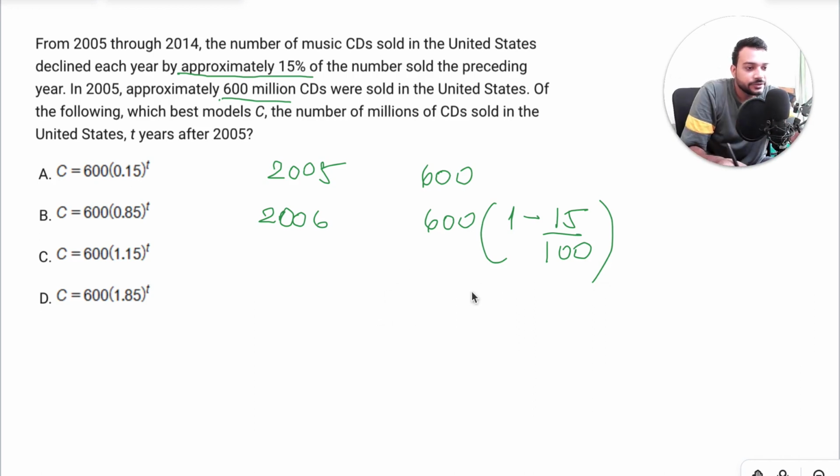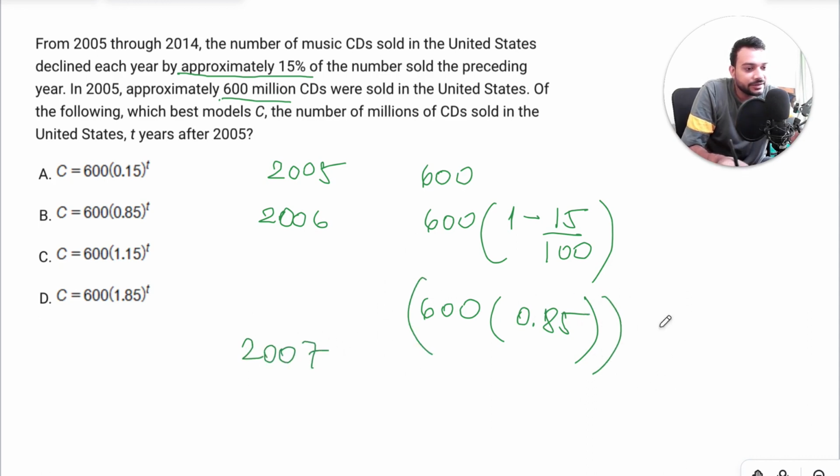Okay. So then this becomes 600 times 0.85. This is for 2006. 2007, 15% decrease in this complete value. That means this multiplied by 1 minus 15 over 100, which is 0.85 again.